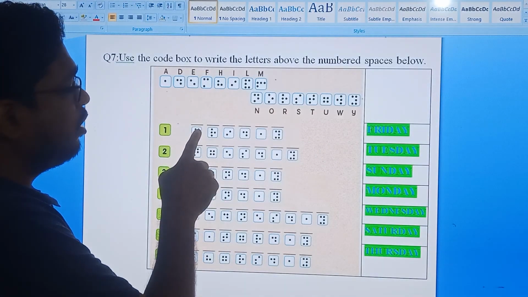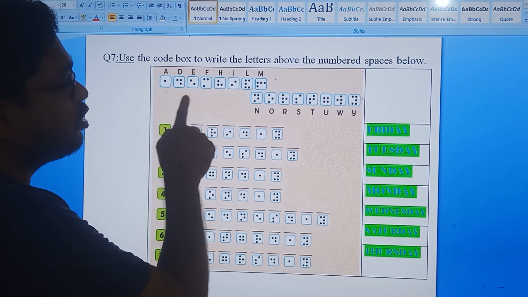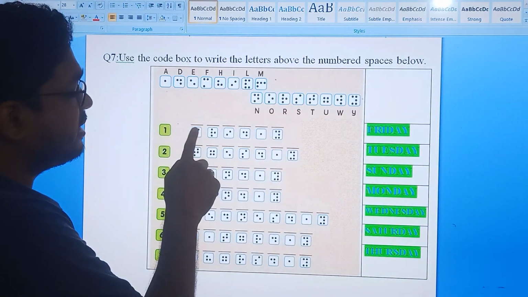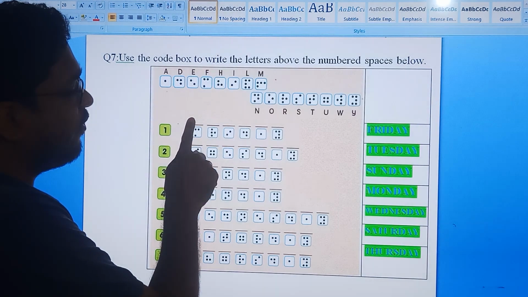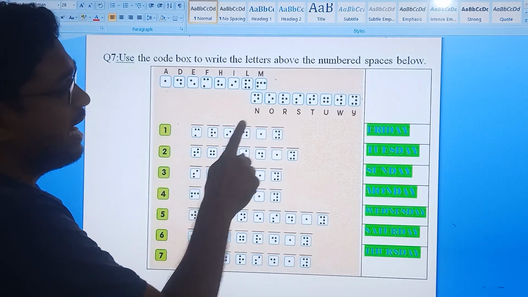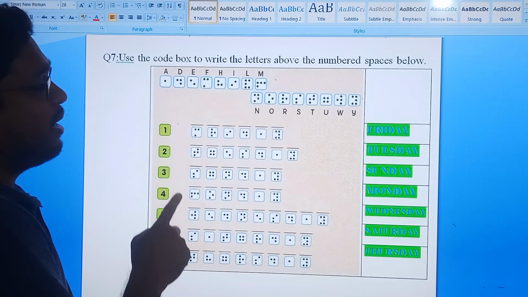So first look at this. Here are 3 dots, but there are many different 3-dot pictures. What is this? This is F. And what is this? This is R. What is this? This is I. And what is this?